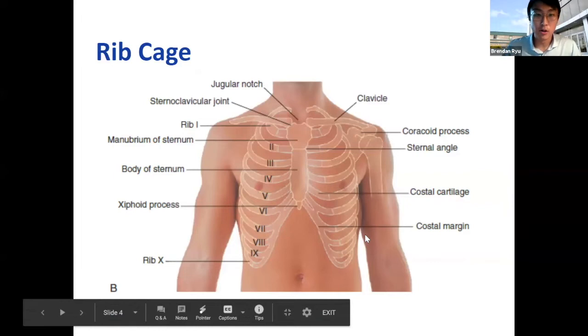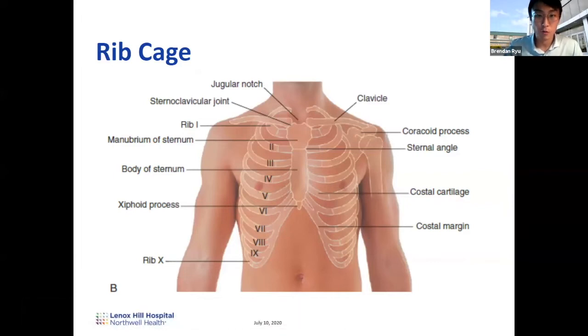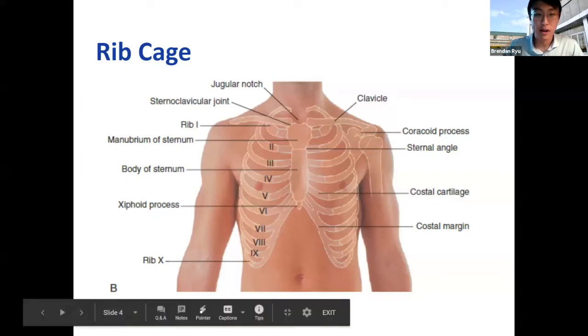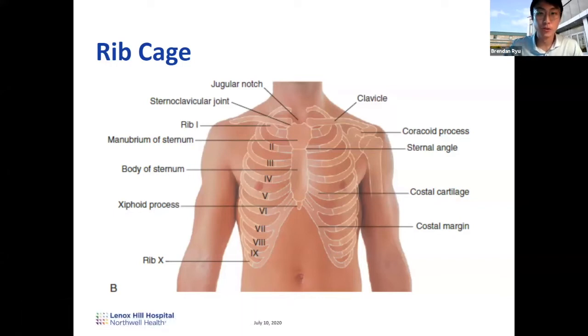Yeah, so next, this is the general landmark of a real human with the ribs overlaid. So a general idea with the ribs, there are 12 of them, as a lot of people may know. And it's divided into true, false, and floating. One way for you to memorize which ones are which is you want to first know that the 1st to 7th ribs are the true ribs.